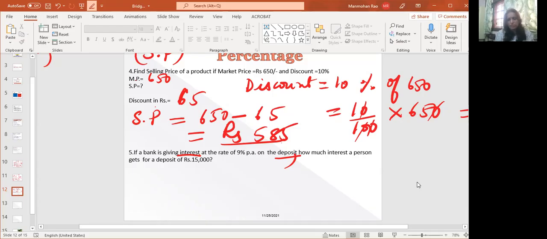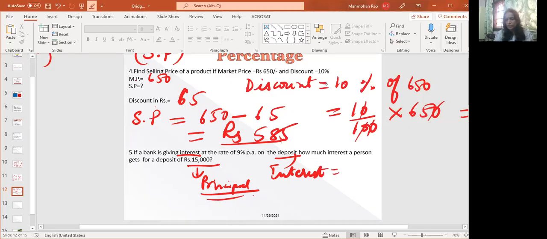How much is the deposit? 15,000. So how much interest should you get? This is known as the principal amount you are depositing. It is given at the rate of 9%. Interest is always calculated on the deposit or loan amount.